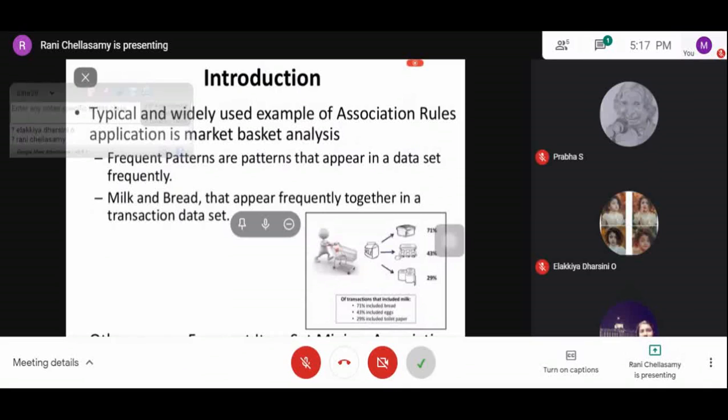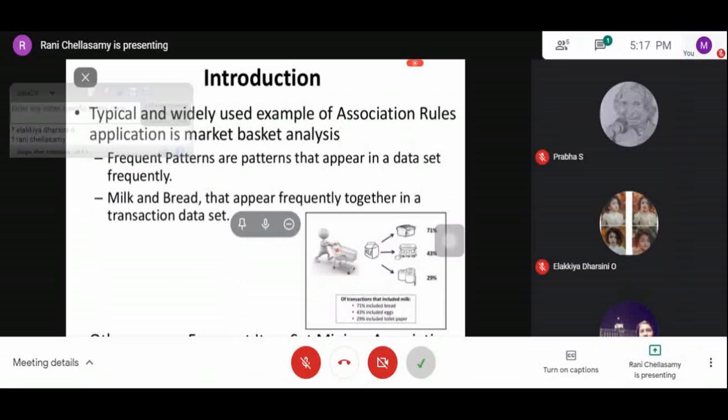For example, if milk and bread appear frequently in a transaction data set, then milk and bread is called a frequent pattern. Other names for this are frequent item set mining, association rule mining, market basket analysis, and link analysis, etc.